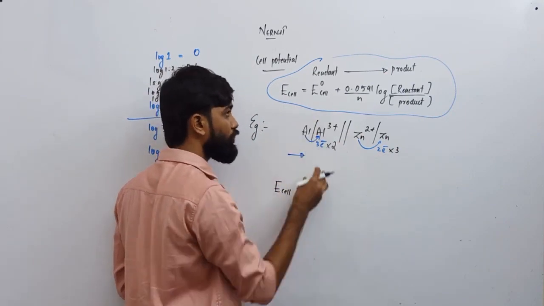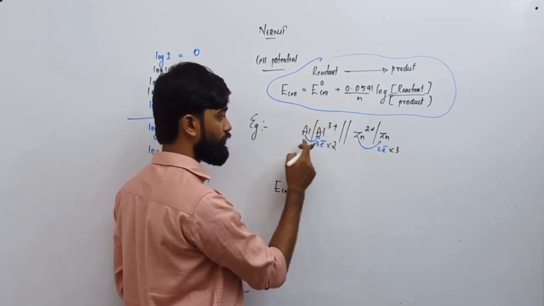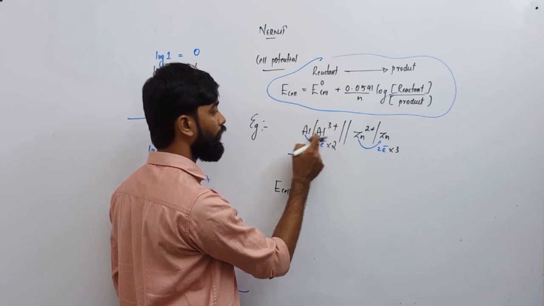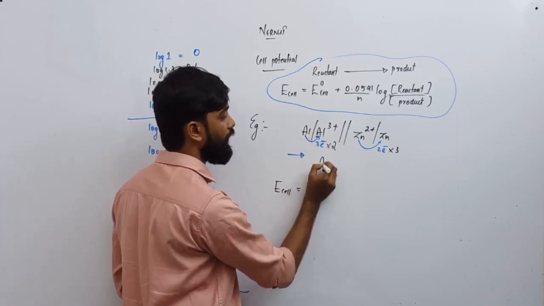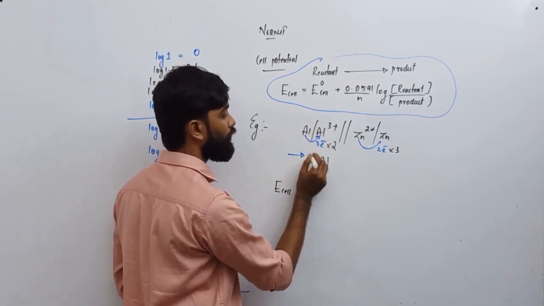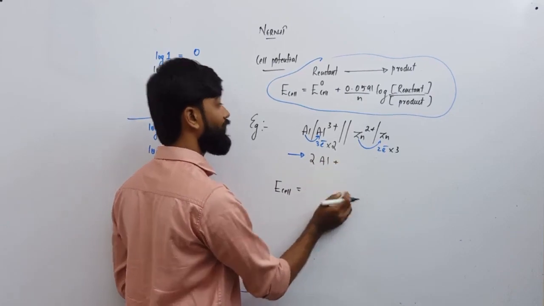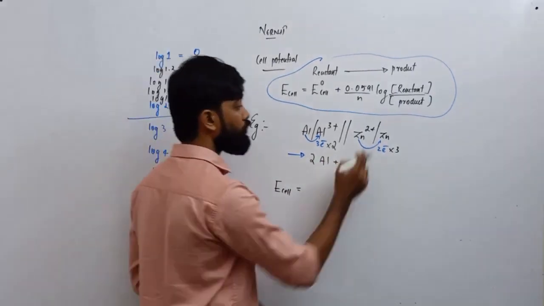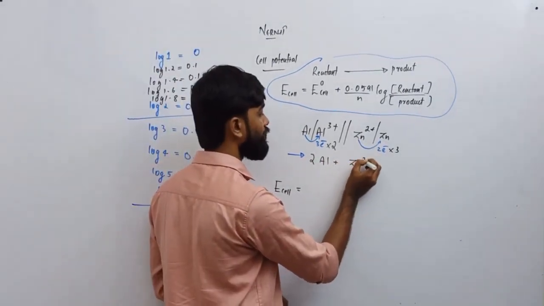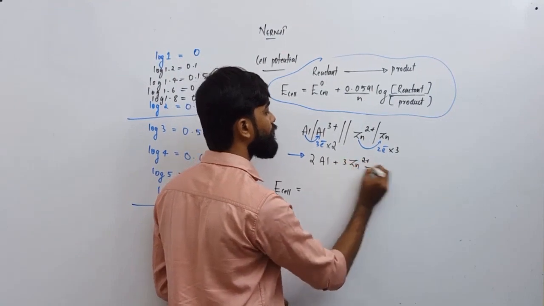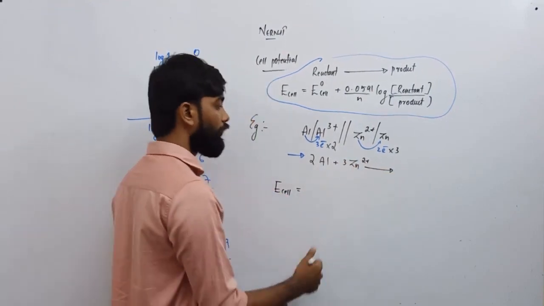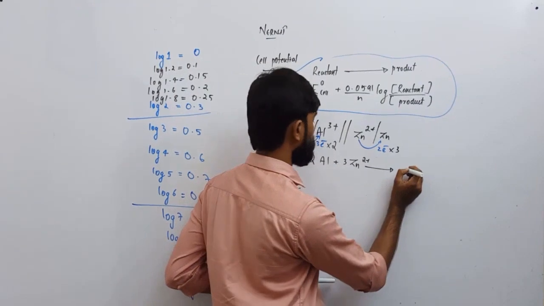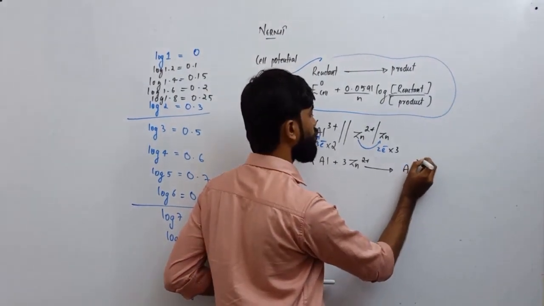And you have to choose a species which is to be oxidized, that means Al or Al3 plus. The species to be oxidized is Al. For Al, there will be a 2. And the species to be reduced, reduced means Zn2 plus. And before Zn2 plus, there will be a 3. Which gives what? Al3 plus, how much? 2.